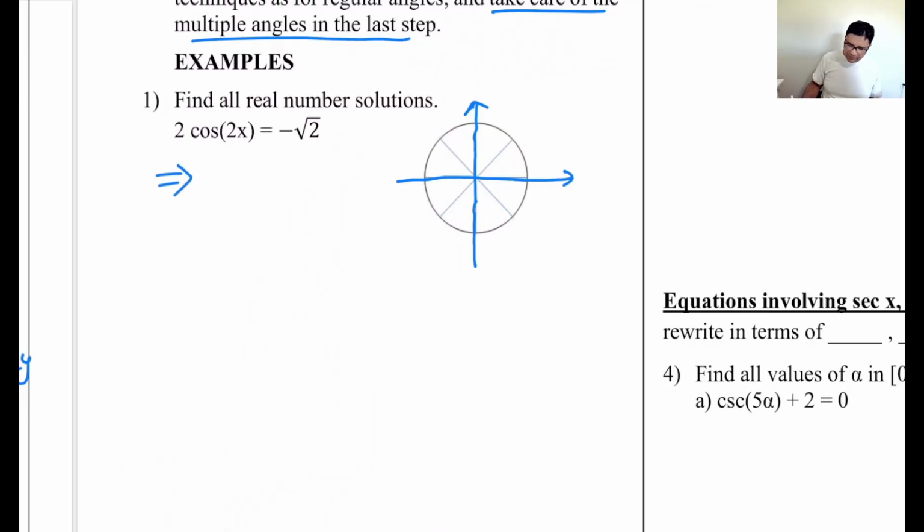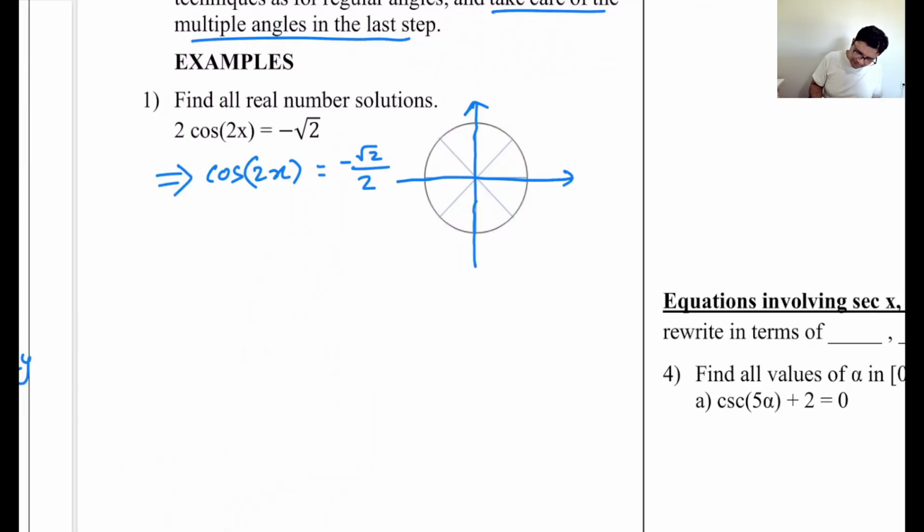Okay, 2 cos 2x equals negative root 2. So cos 2x is equal to negative root 2 divided by 2, right? Divided by 2 on both sides.